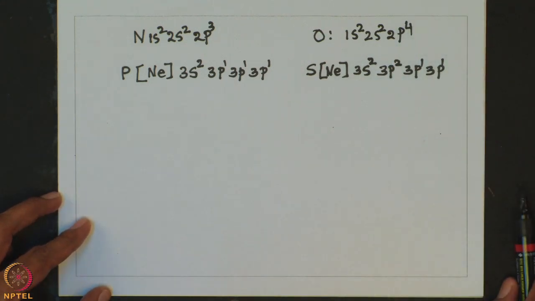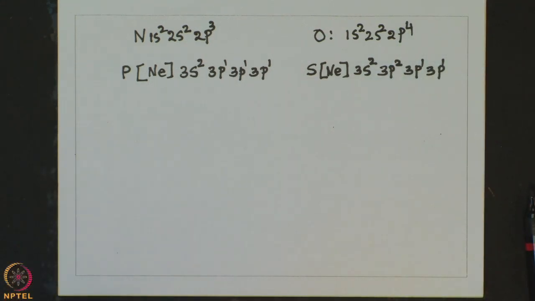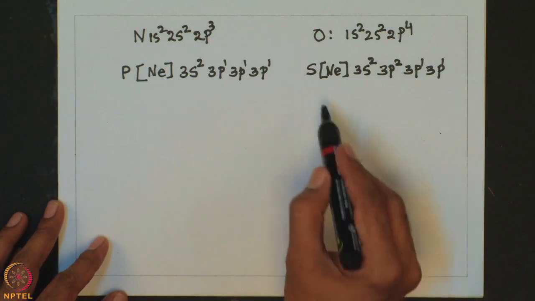So, in the p orbitals we have 3 electrons in phosphorus, whereas 4 electrons in sulfur. In sulfur we have one extra electron that is paired up in one of the p orbitals, and the interelectronic repulsion between these two electrons is considerably more compared to the situation in phosphorus. As a result, by losing one electron, sulfur readily attains a half-filled electronic configuration.